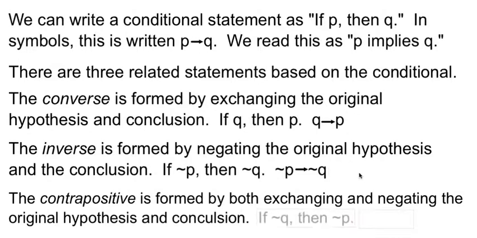So that would be, if not Q, then not P. Or symbolically, not Q implies not P. And you're going to get some practice rewriting statements into their converse, their inverse, and their contrapositive, and then figuring out truth values for them.